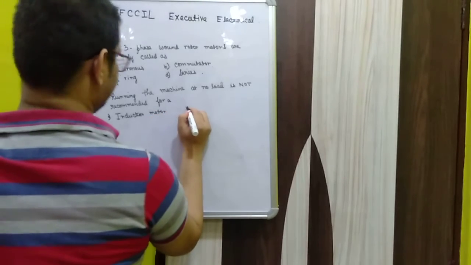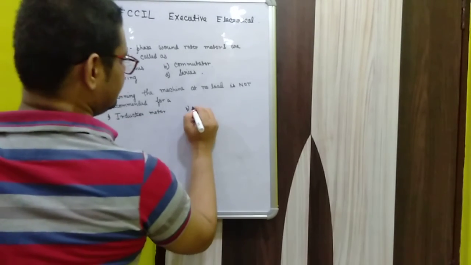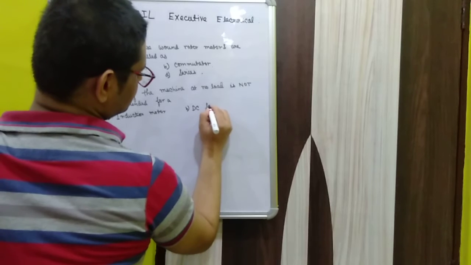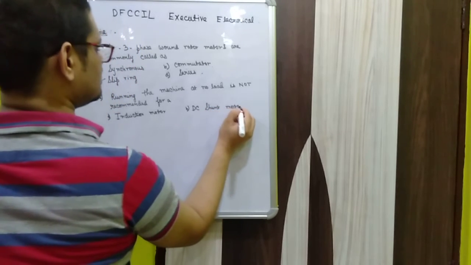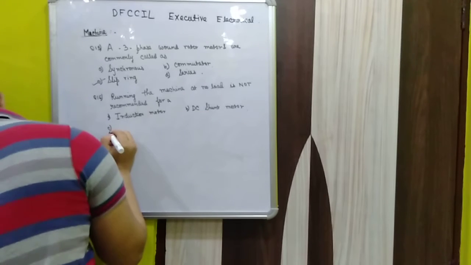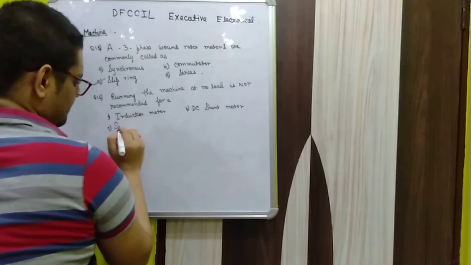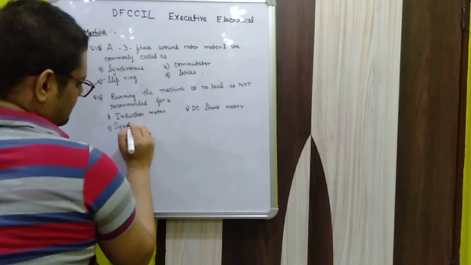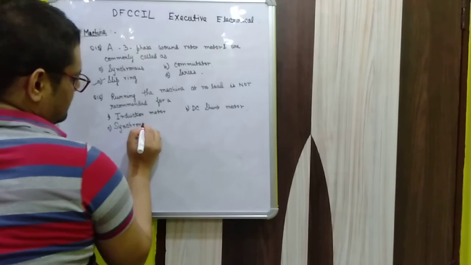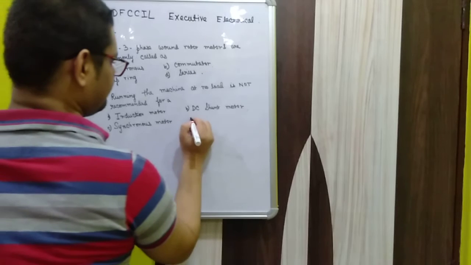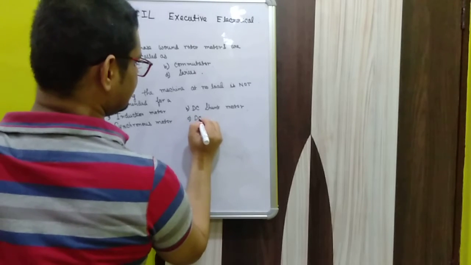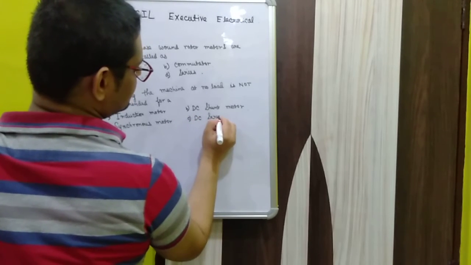Option B is DC shunt motor. Option C is synchronous motor. Option D, that is DC series motor.